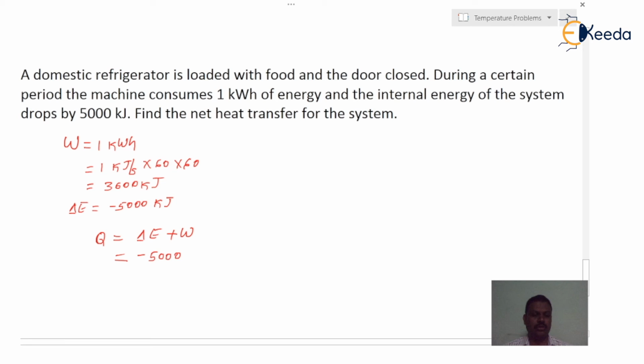Here work is done on the system, electrical work is done on the refrigerator, so this is also negative, it is 3600. So the net heat transfer is minus 8.6 megajoules. So the net heat transfer is calculated now. It is minus 8.6 megajoules. That is, heat transfer takes place from the refrigerator, from the system.